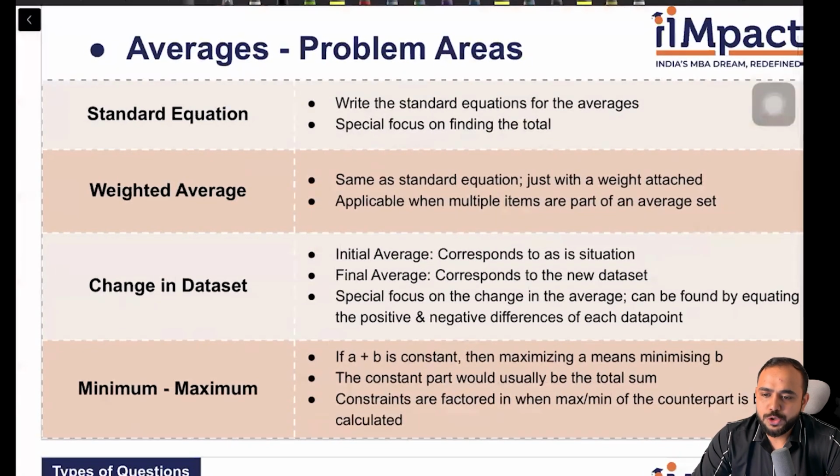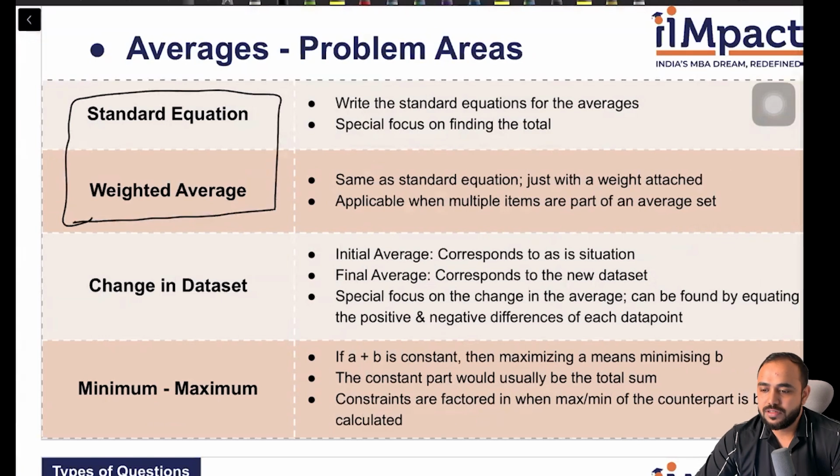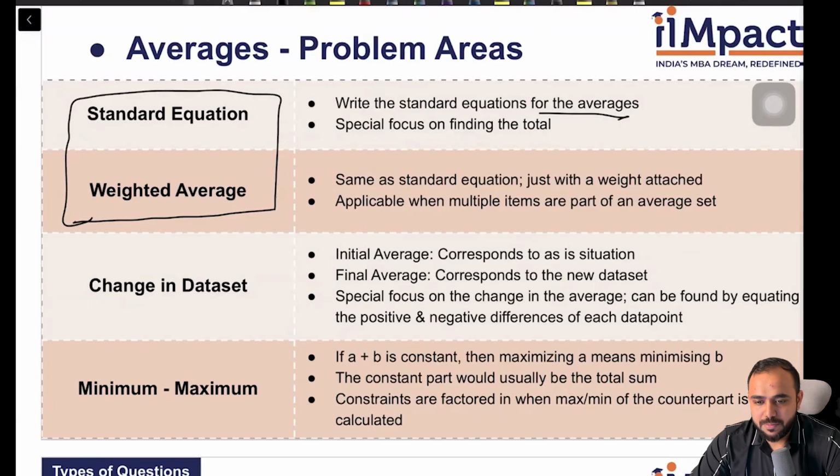So there are going to be four types of problem areas here. Standard equation and weighted average. This is going to be one of those situations where you have a word problem and the only way to solve is to actually write the equations for the average. Now, again, I am exclusively talking about arithmetic mean right now.